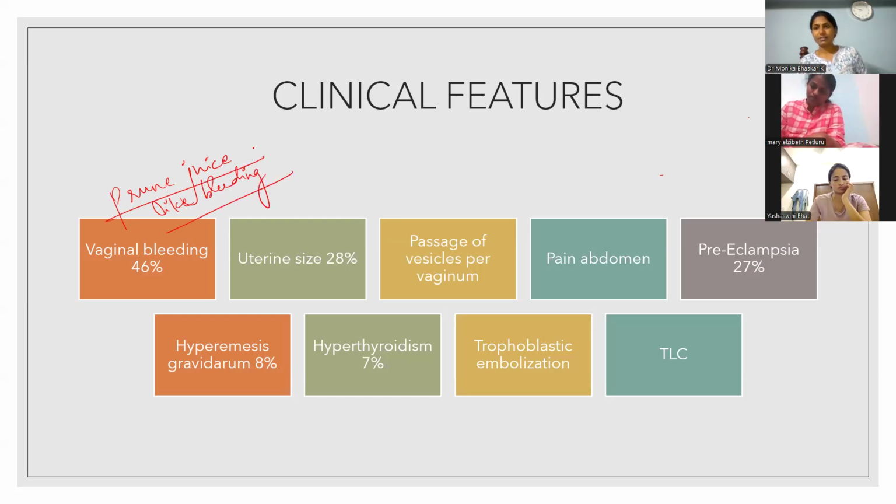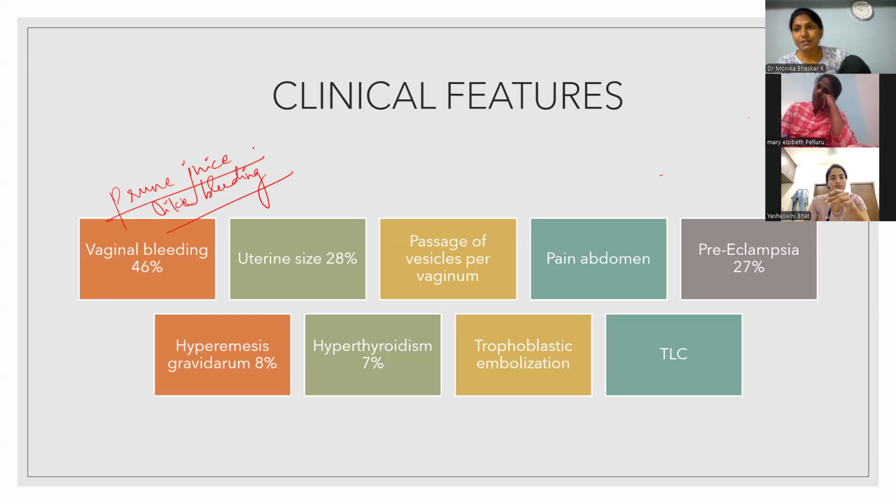You can go and search on the net. Prune means it looks like a grape-like color. So this type of abnormal vaginal bleeding due to separation of the trophoblastic tissue from the uterine surface can lead to bleeding in the first trimester, and this is the most common symptom a woman with complete mole presents with.